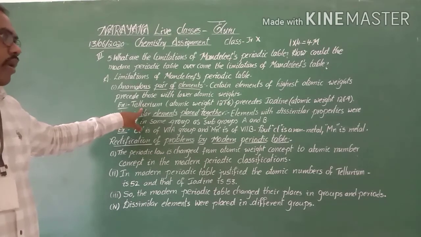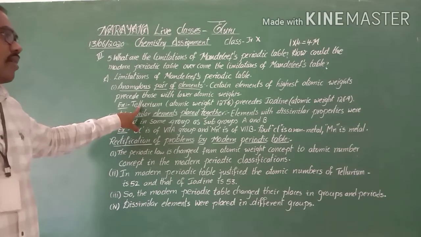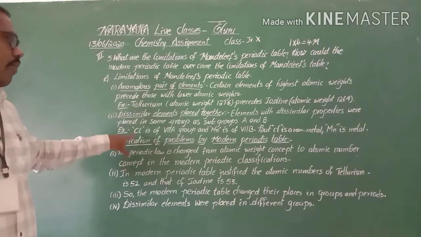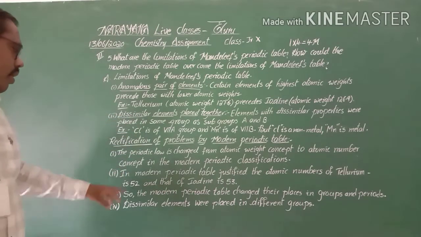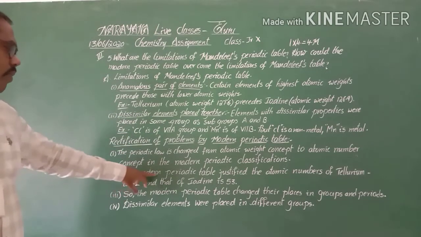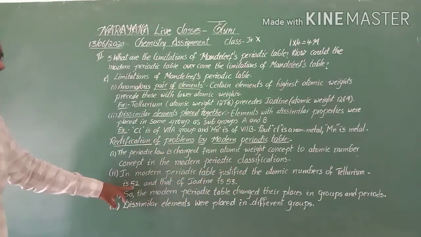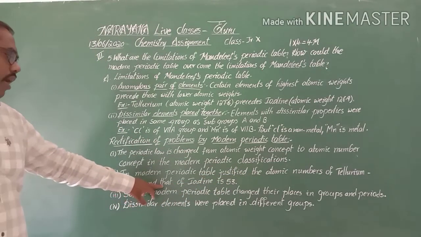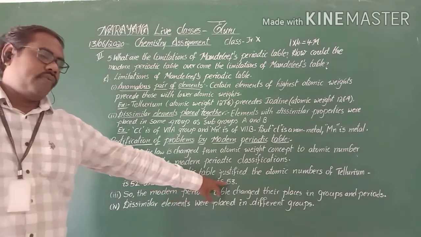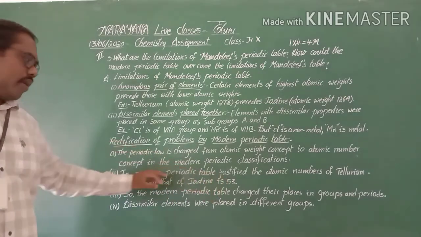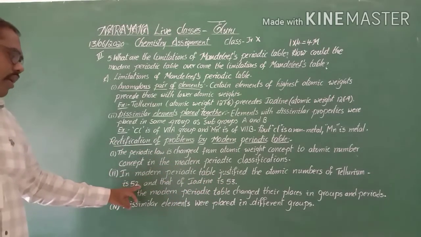Now when these elements are arranged by atomic number, in the modern periodic table the atomic number of tellurium is 52 and that of iodine is 53. So the lower atomic number comes first, later the higher atomic number.